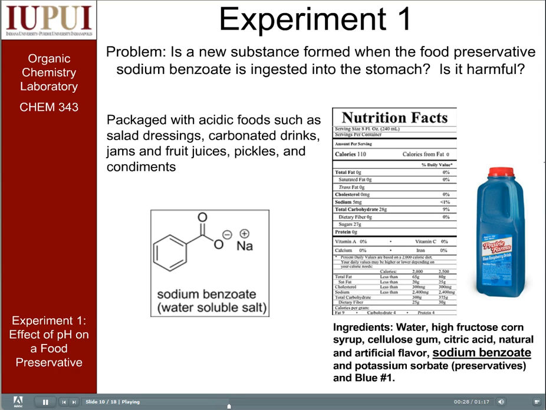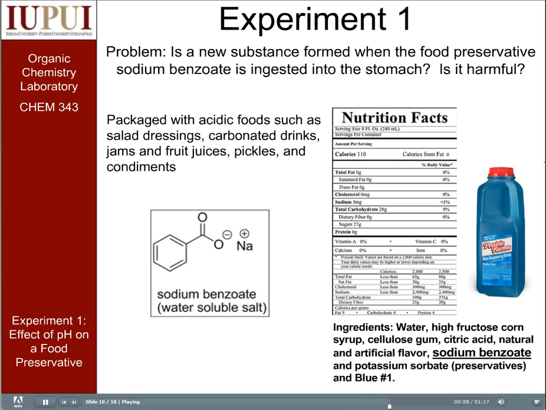So if you eat something containing sodium benzoate, it's ingested into the stomach, it may or may not chemically react there, and then may or may not create something harmful. What we do find, and what your book tells you, is that sodium benzoate is often packaged with acidic foods, and most likely 99.9% every single one of you has ingested sodium benzoate at some point or another.